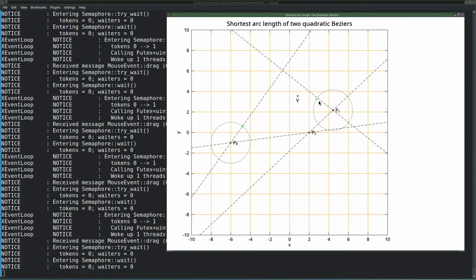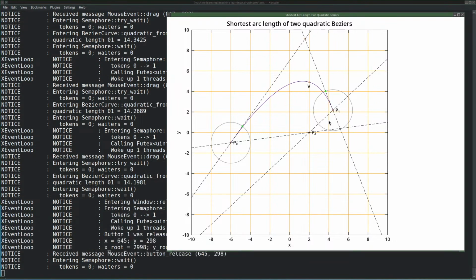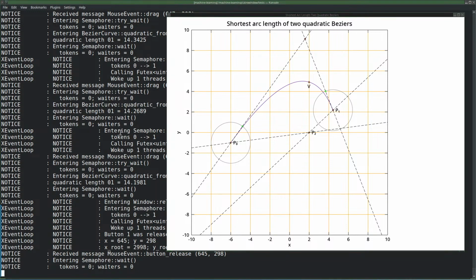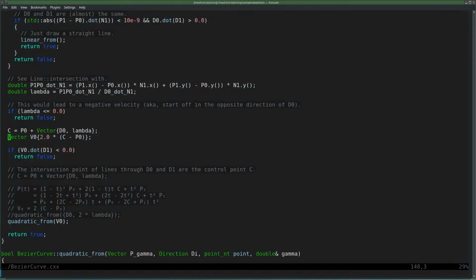Can you explain this? What the hell? Did I call it wrong? Yeah, I'm using V0. I'm such an idiot.